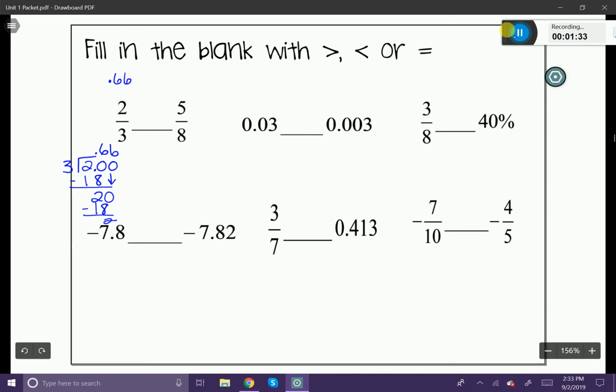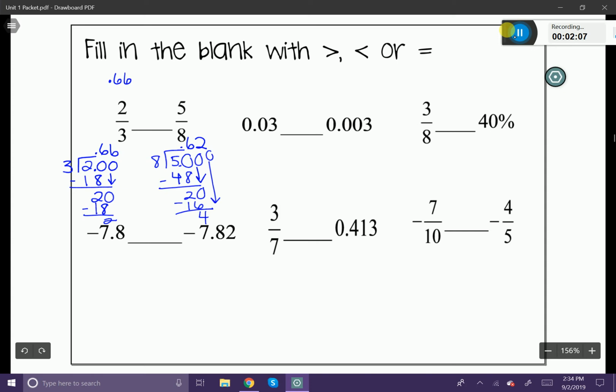Let's go ahead and do the next one, 5/8. Let's go ahead and divide 5 by 8. 8 does not go into 5, so we're going to have to add a decimal and add a 0. All right. 8 goes into 50 6 times. So 6 times 8 is 48. 8 does not go into 2, so I'm going to bring down a 0. 8 goes into 20 2 times. 2 times 8 is 16. 20 minus 16 is 4.